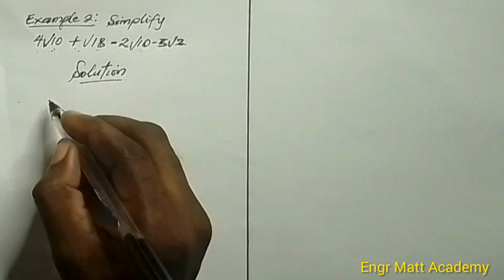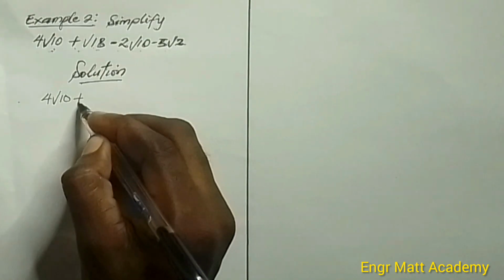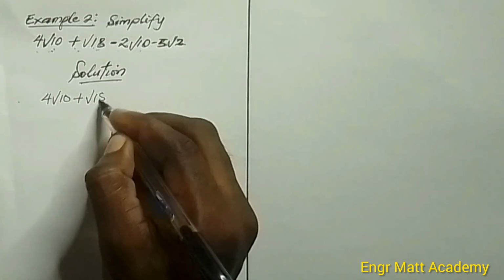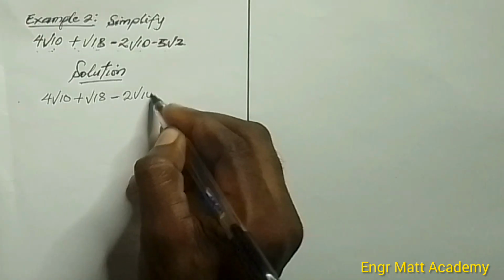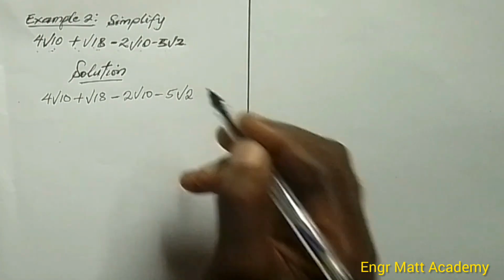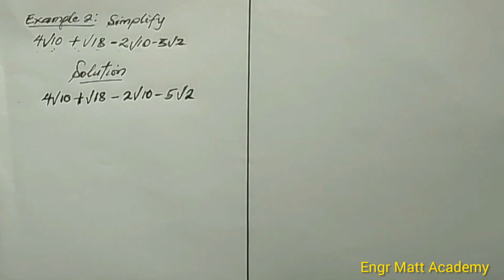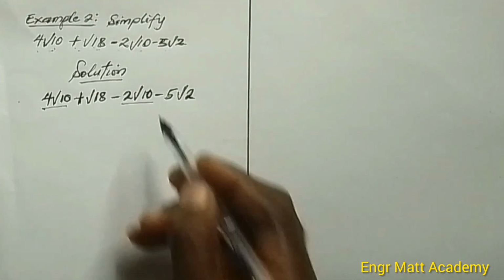So we have 4 root 10 plus root 18 minus 2 root 10 minus 5 root 2. Remember that the first step is to find out if the surds are like surds or unlike surds. For instance, we have 4 root 10 and we have 2 root 10.